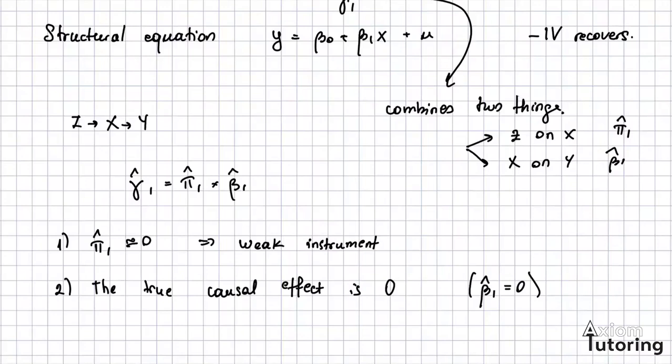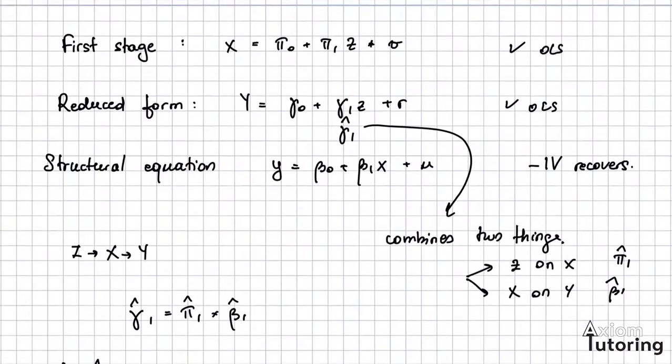So if the first stage is strong but the reduced form is insignificant, that in itself is informative because it suggests that the true causal effect is close to 0. But if both are insignificant, then the instrument is likely weak and the IV has little to work with, okay?